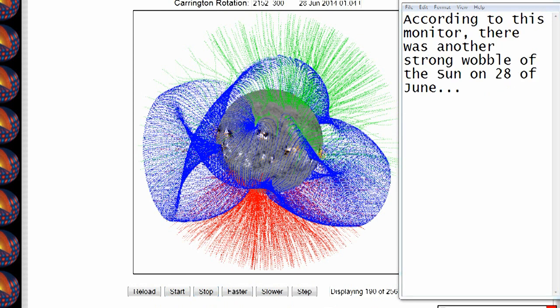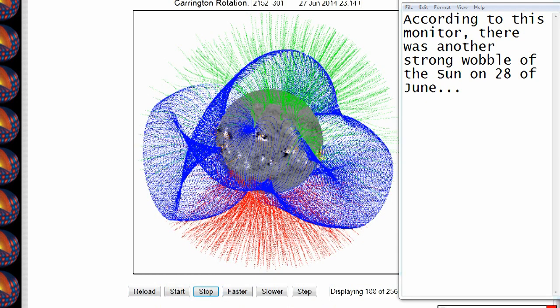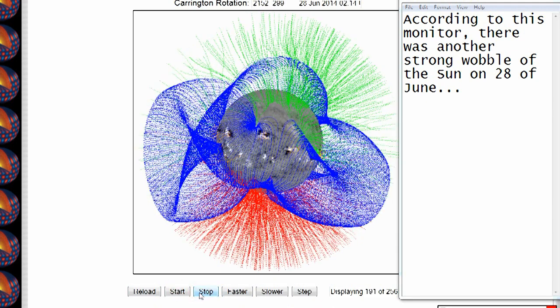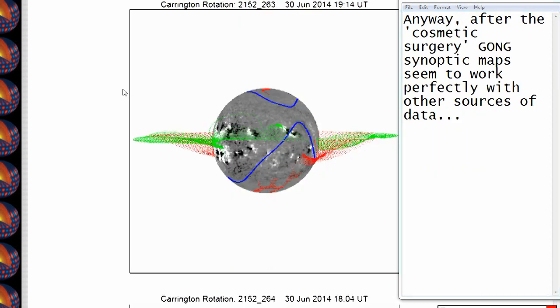According to this monitor, there was another strong wobble of the sun on 28th of June. However, it can be just a data glitch, as it is not visible on any other monitors. Anyway, after the cosmetic surgery, GONG synoptic maps seem to work perfectly with other sources of data.